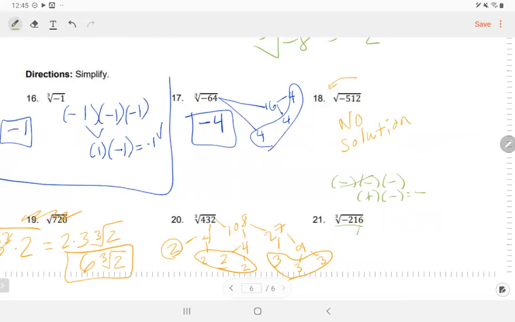So what goes into 216? I know 2 goes into 216. I know 6 goes into 216. 6 goes into 216 36 times. And I know 36 can be broken up into 6 and 6. So now I have 3 6s under here, but my answer will be negative.